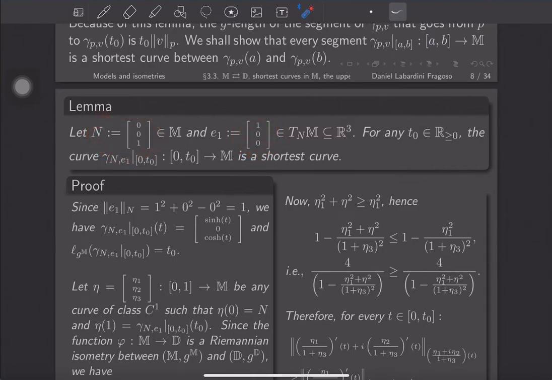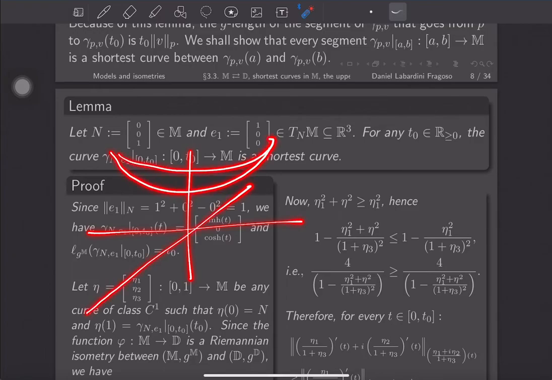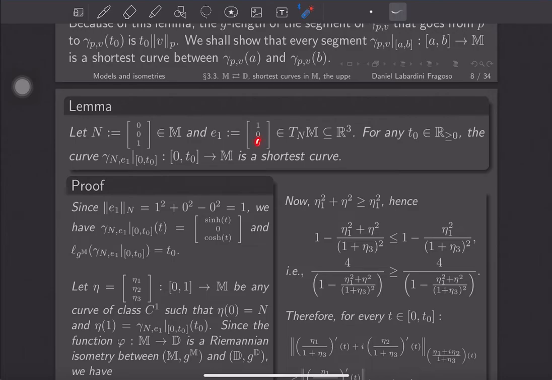Because I'm in the hyperboloid, and 0, 0, 1 is this point, and the tangent plane there is just the horizontal plane, right? So because there's a 0 here, indeed, this is in the tangent plane at n.